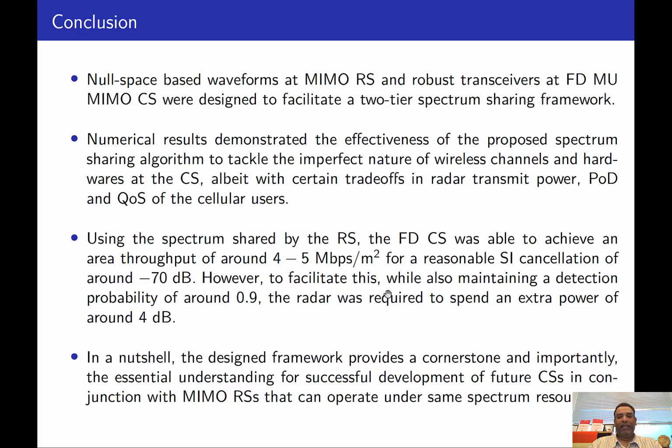However, to facilitate this while also maintaining a detection probability of 0.90 or above, the radar has to transmit more power. So in a nutshell, the design framework provides a cornerstone and, importantly, essential understanding for the successful development of future cellular systems in conjunction with MIMO radar systems that can operate under the same spectrum resources.